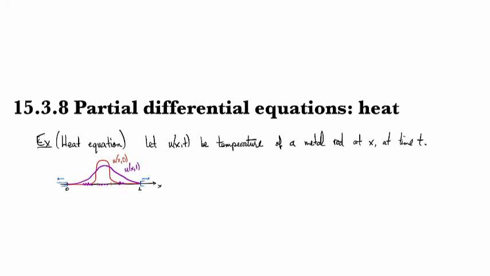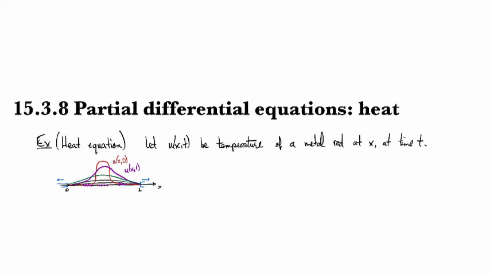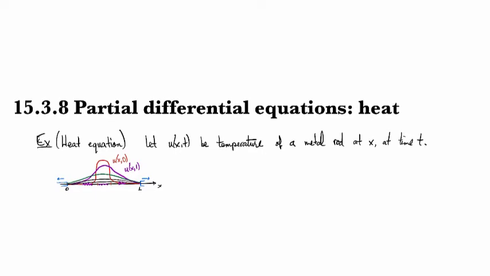So maybe we've got the bar submerged in an ice water bath or something at the ends. And as time continues to increase, we'll get something that looks like this, and then gradually it will just flatten out and vanish. So that's an example of how the heat equation might evolve a particular initial heat profile, or initial condition.